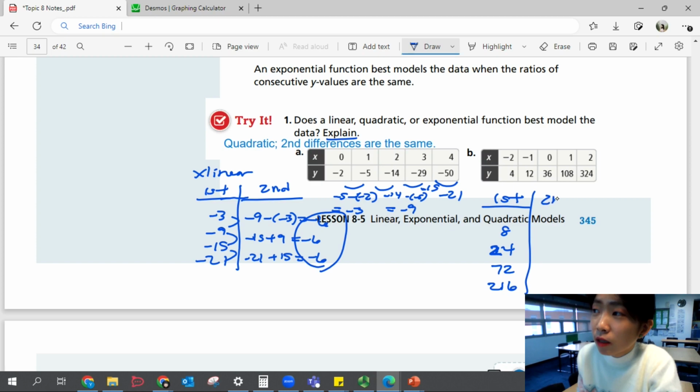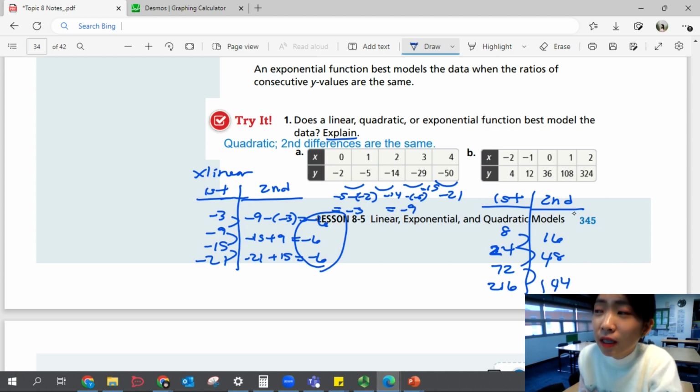And then let's look at the second differences. 24 minus 8 is 16. 72 minus 24 is 48. And 216 minus 72 is 144.